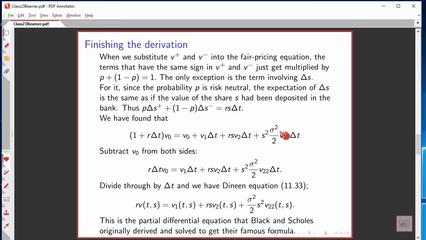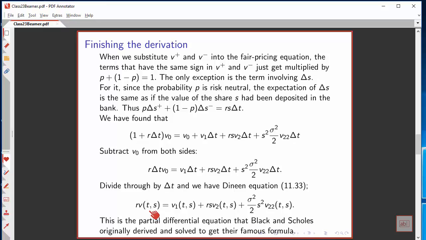I take the equation from the last page, I subtract v0 from both sides, that gets rid of the 1 in the 1 plus. Every term involves delta t. I divide through by delta t, and we get, in the notation of Dineen's equation, 11.33.